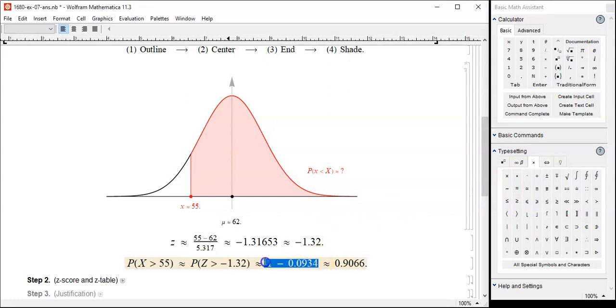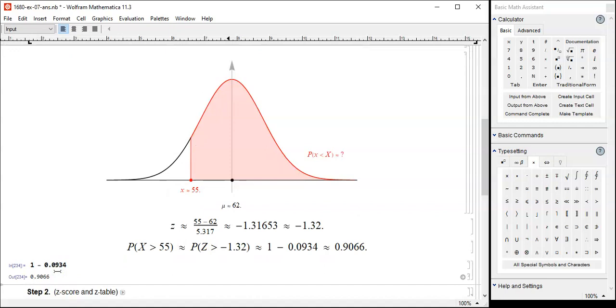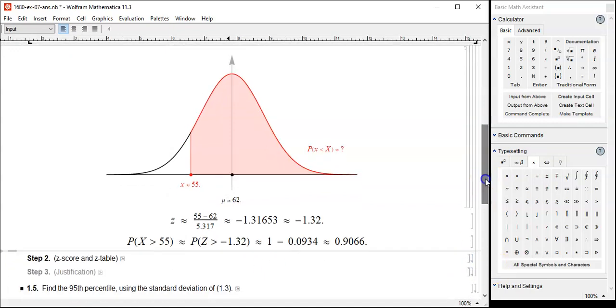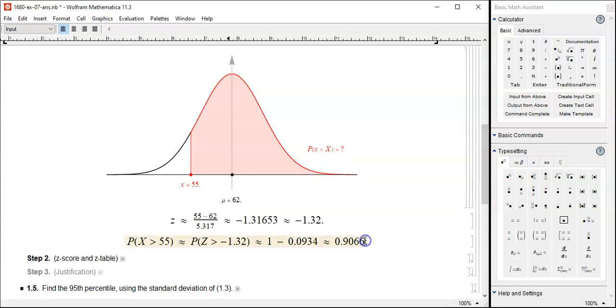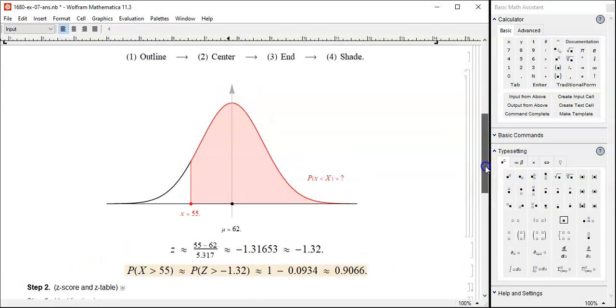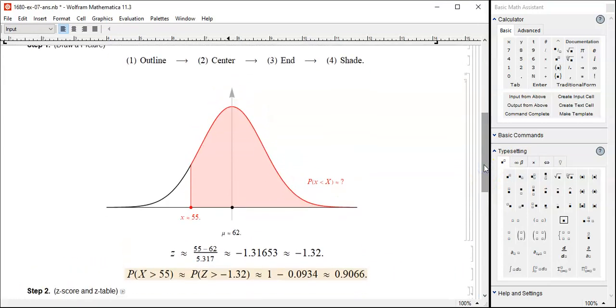Oh, come on, why am I doing that? Okay, there was no reason for me to do this mental math. I could have used my calculator. But anyway, it worked out. So we have to subtract from 1.